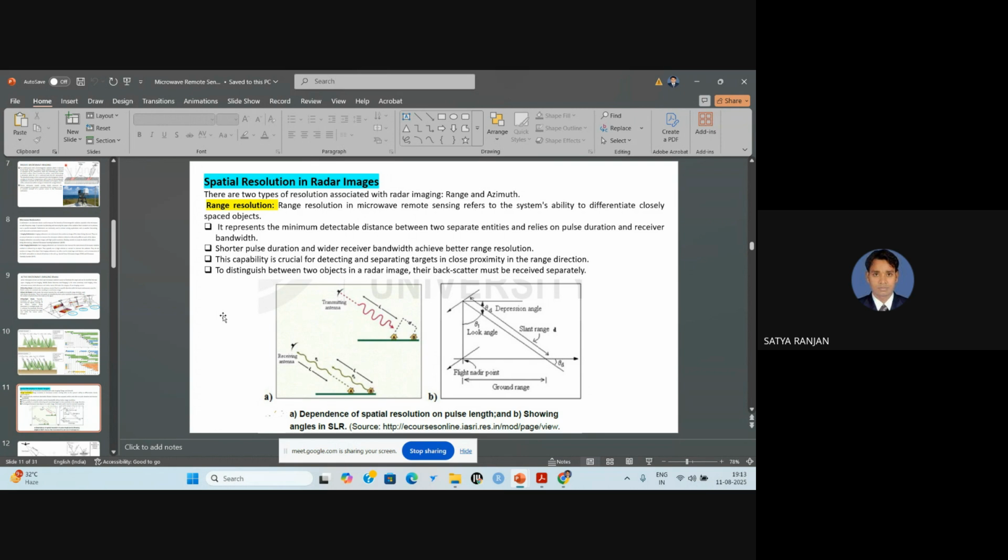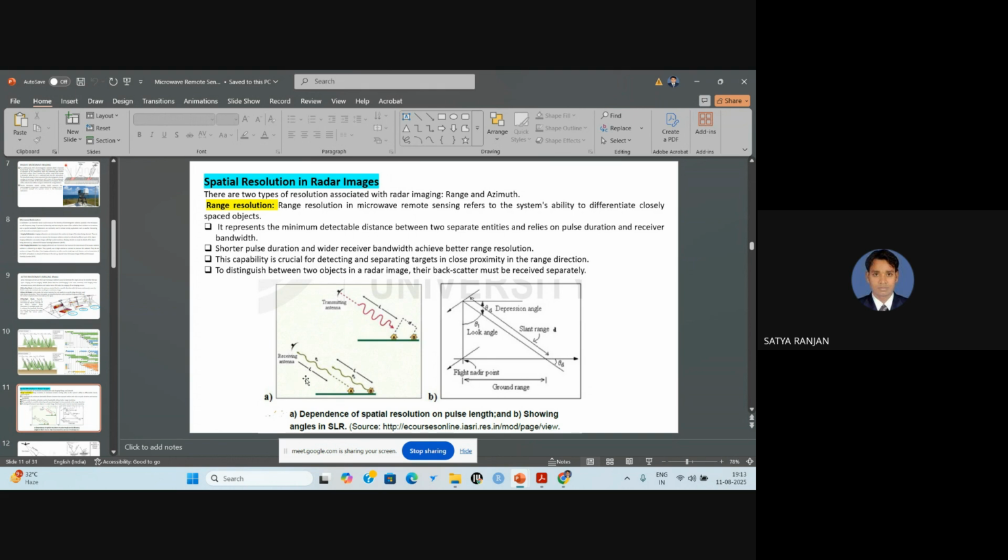If the closeness is very narrow, then this is the high resolution. So it represents the minimum detectable distance between two separate entities, and relies on the pulse duration and receive bandwidth. So there are three factors responsible for the range resolution.